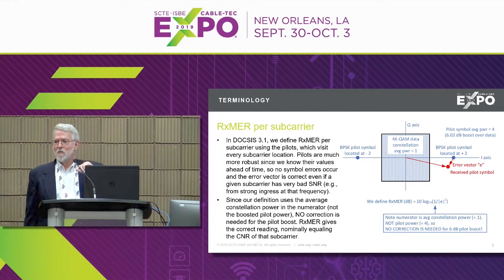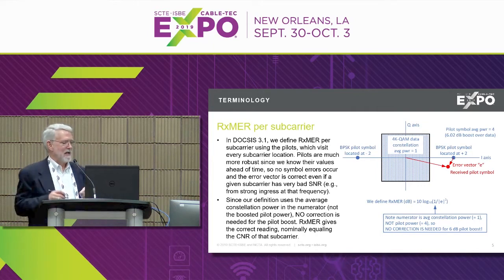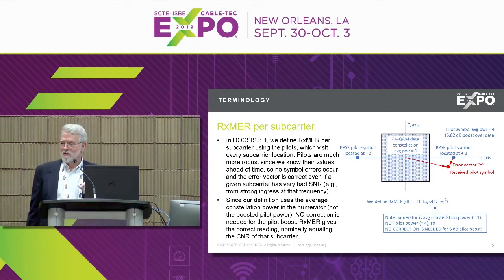And the reason is, if we go back to that formula that I mentioned before, we replace the symbol power with a known constant, in this case, the data constellation power. And that's a known value. One of the neat things about OFDM and DOCSIS 3.1 is that by using boosted pilots to do the RxMER computation, the SNR can be really low, which normally would render demodulation unreliable.